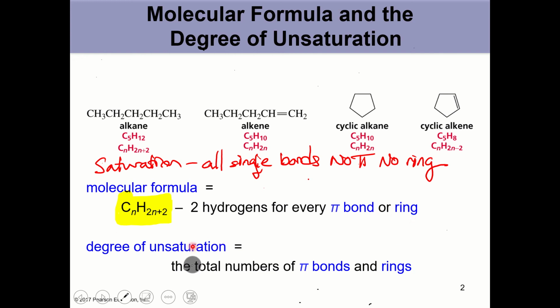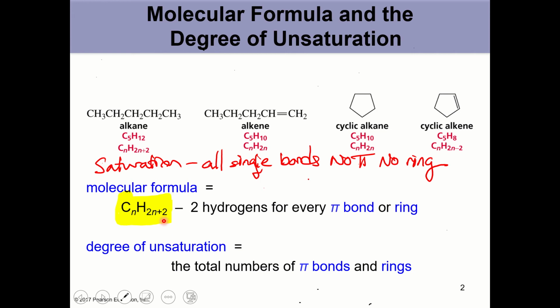And the degree of unsaturation is the total number of pi bonds and rings. So you could say that the molecular formula is 2 times the degree of unsaturation.